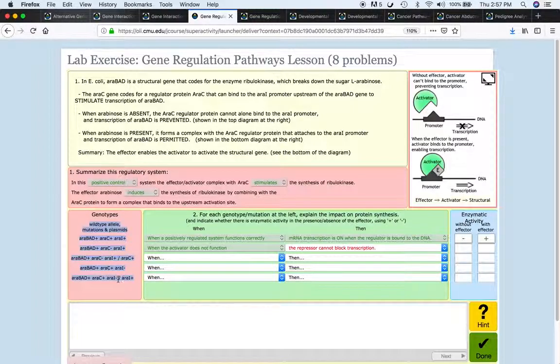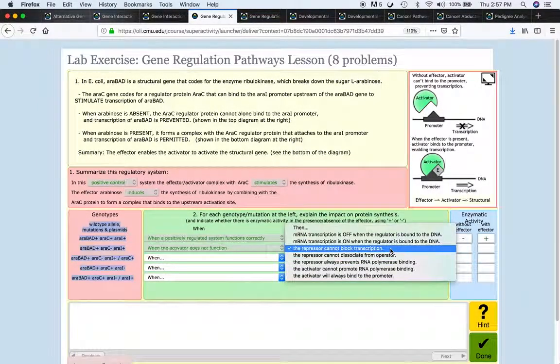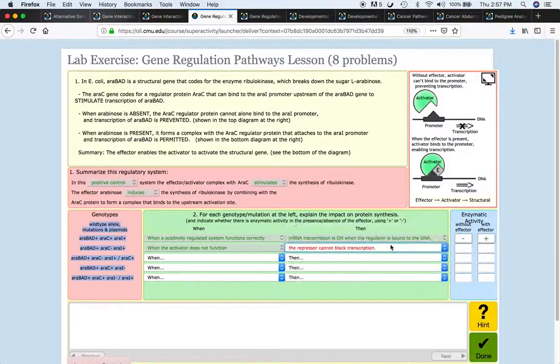In this case, they look at several different genotypes, several different mutations. They first characterize those mutations, and then, with the menu, they select what the impact of that mutation is on the system.